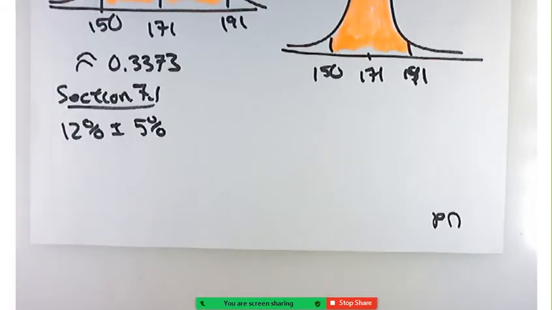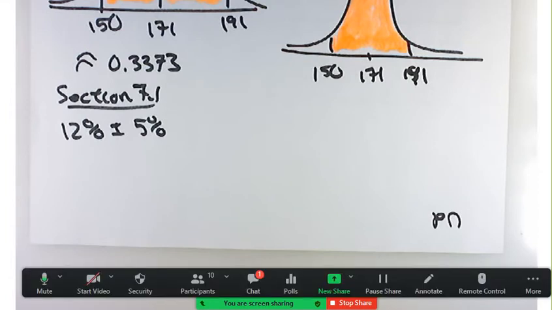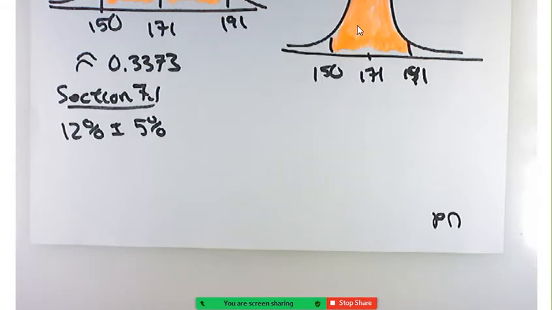Quick question for you. What was the point estimate of the percentage of people who like chocolate pie as their favorite pie? What's the point estimate? Say again? 12 over 100. Nice. I like that. Yeah.